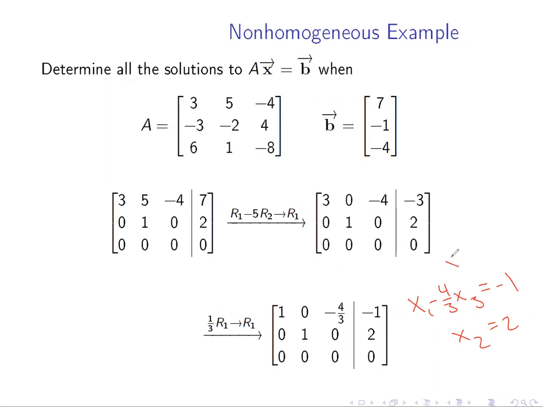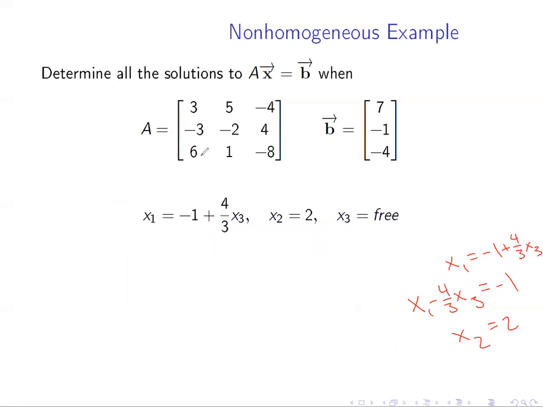Or in other words, x1 is equal to -1 plus 4/3 x3. This looks very similar to before, because notice it looks almost identical, except x3 is still free, and we just modified by adding -1 here and 2 right here.